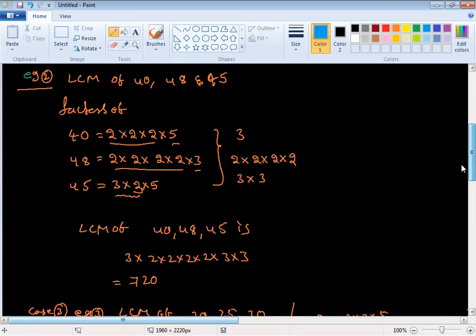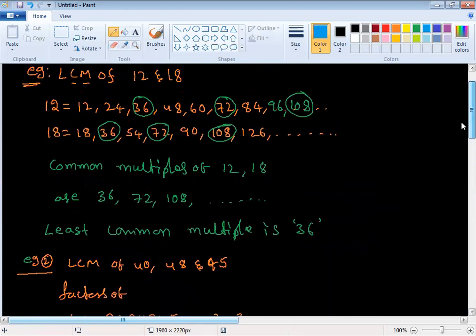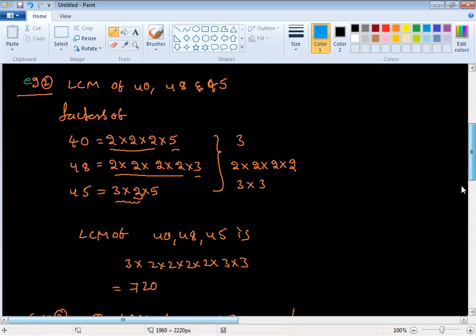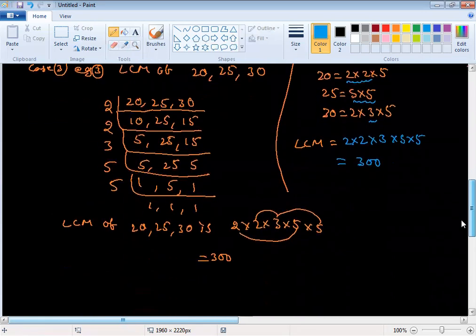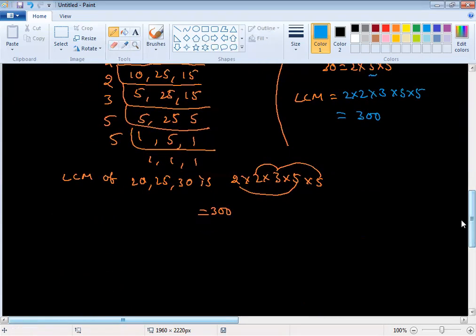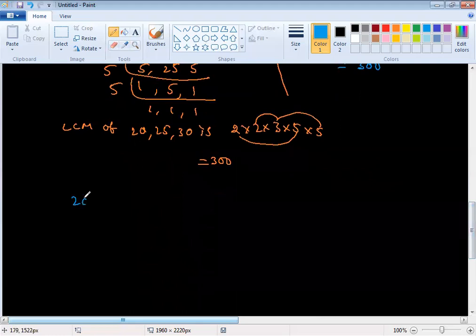And see, we will solve by using this method, common multiples, for 20, 25, 30. Method 1.